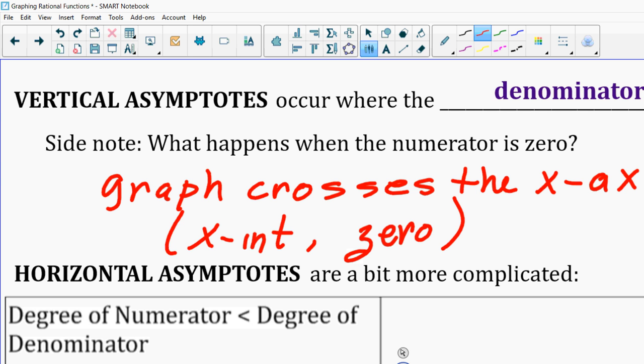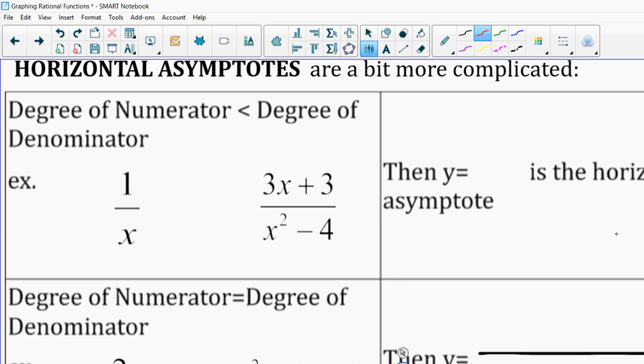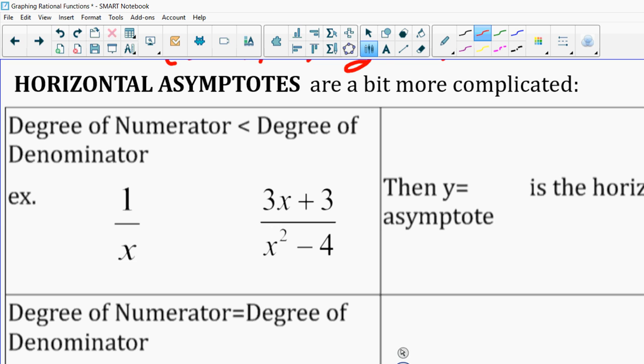Three things you have to be able to find for me: a vertical asymptote, a horizontal asymptote, and a 0. Those are the three things that I expect you to be able to find. Now this is just going to weird you out just a little bit. Horizontal asymptotes are just a little bit weird.